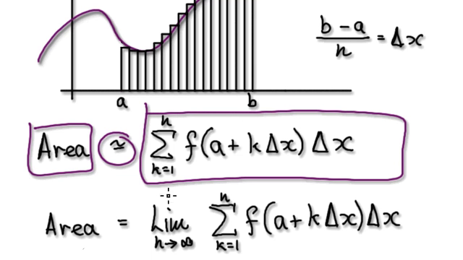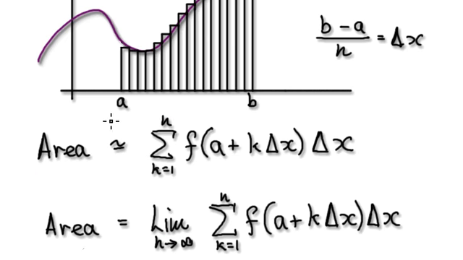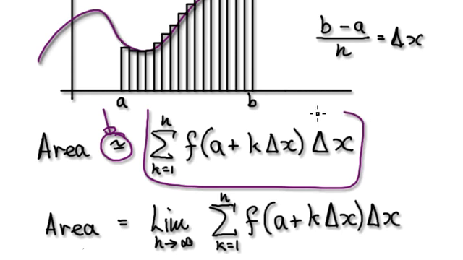But when you take the limit as n tends to infinity, then you can say the true area equals this whole thing here. Before the limit, you can only say it's approximately this.